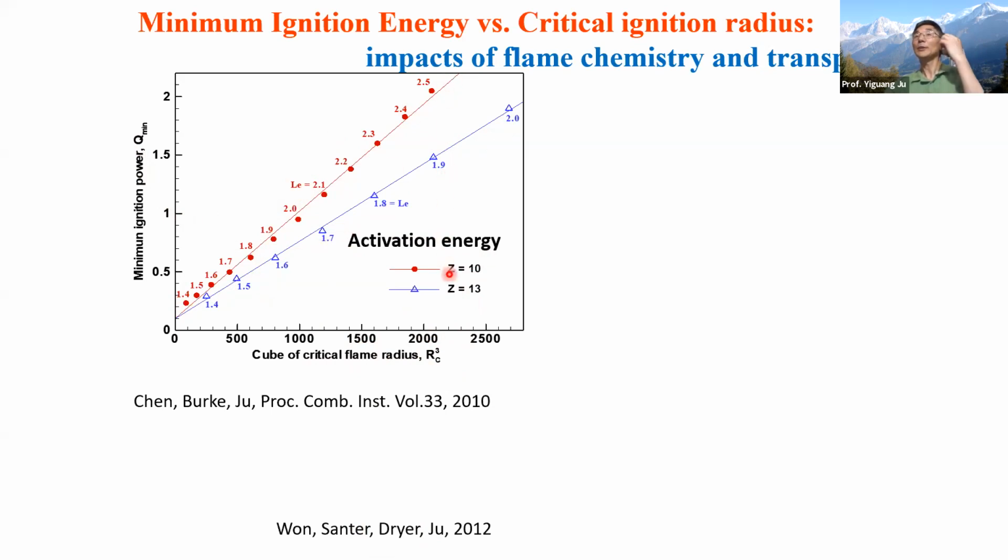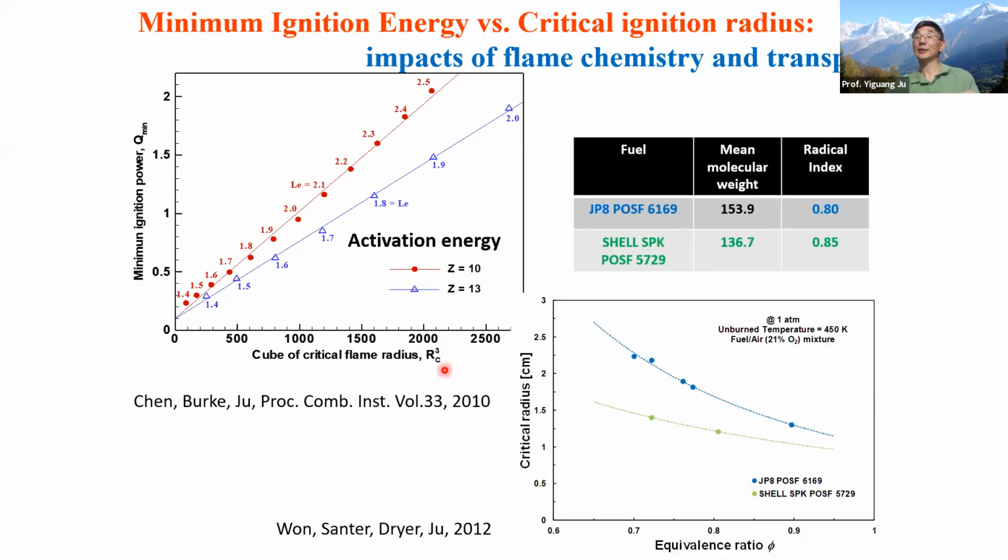Therefore, in order to make a successful ignition, it's very important to drive the ignition kernel larger than this critical radius. This critical radius is defined by the chemistry and pressure. At lower pressure, the critical radius is bigger. That's why at high altitude you have a larger critical radius and ignition becomes difficult.